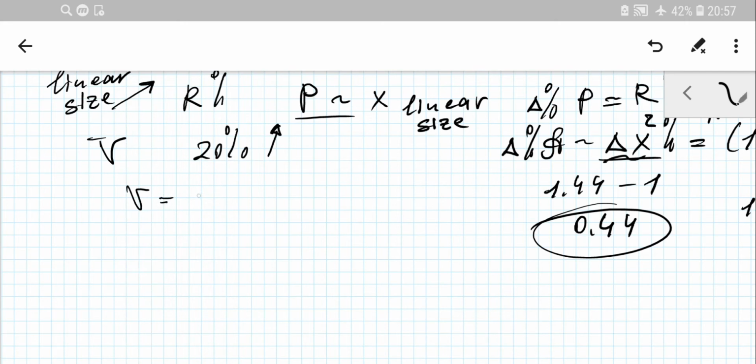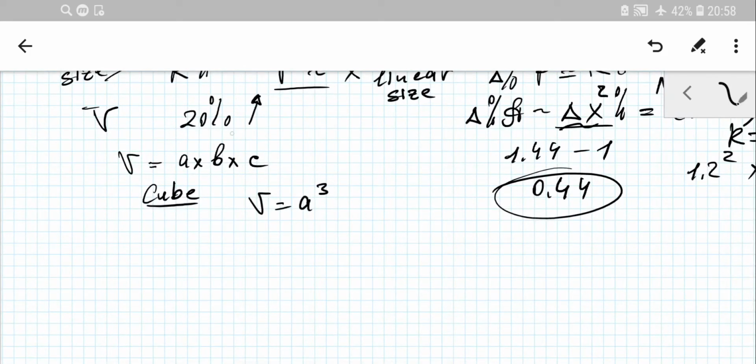Anyway, volume is the multiplication of all 3 dimensions, right? In the case of a cube, the volume is the side cubed. And if each side increased by 20%, you'll get 1.2 times 1.2 times 1.2, which means you've got 1.2 cubed.